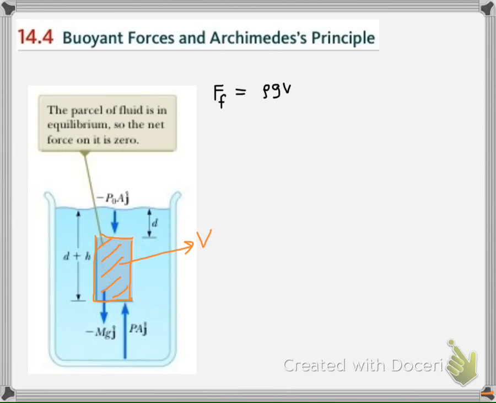Rho here is the density of the fluid, and G is the gravitational acceleration, which I may write as m of fluid G, since rho V is the mass m.